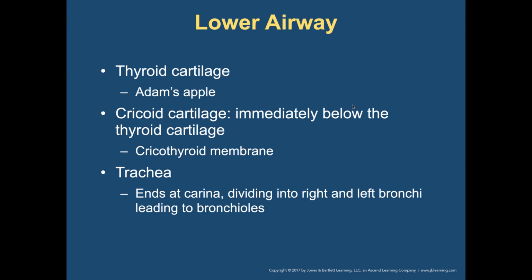You have your cricoid cartilage. This is immediately below the thyroid membrane, and that's an important landmark for us because if we're assisting a paramedic with putting in a tube, he may tell you to press on the cricoid, which is called giving cric pressure. If you imagine your epiglottis being shaped like a football, your vocal cords attach at the anterior and posterior side, so you look at it like top and bottom, and then the cords kind of fan out a little bit on the left and right sides.